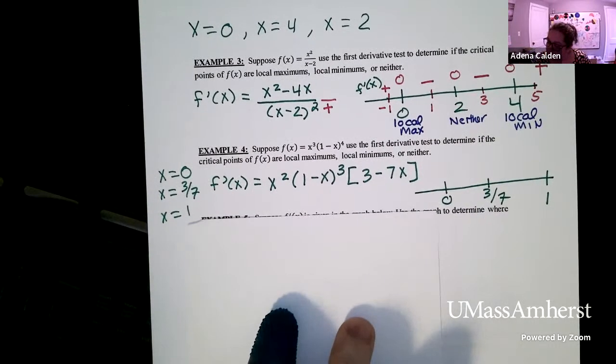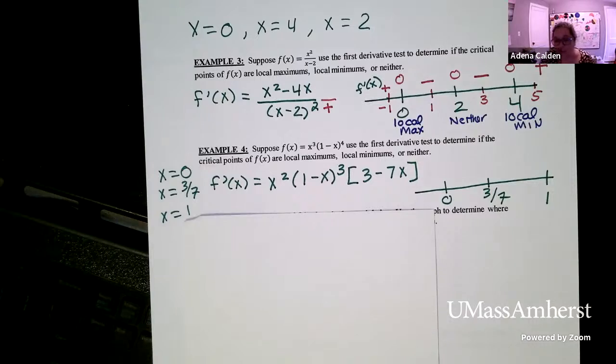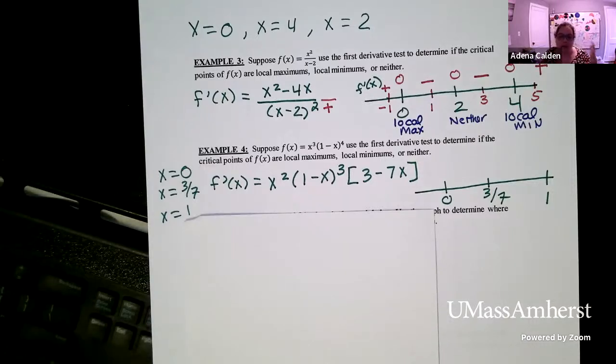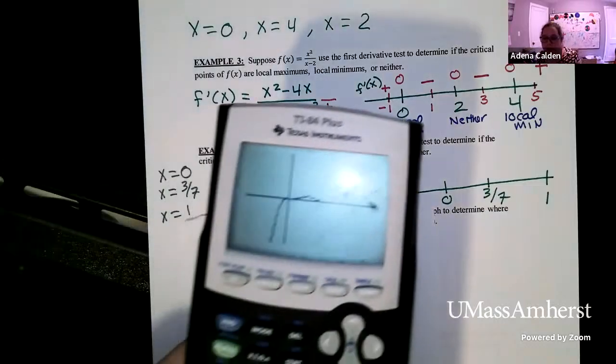Okay, so now let's look at the next one. So here the numbers are a little tricky because they're small. There was a lot of algebra in getting our first derivative. But now we can sort of test things to see, are they going to be positive, negative, 0, and what's going on here. We said from the picture before, which I can show you one more time, the picture that we had looked like this.